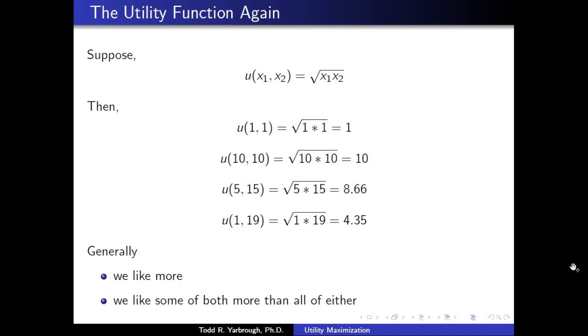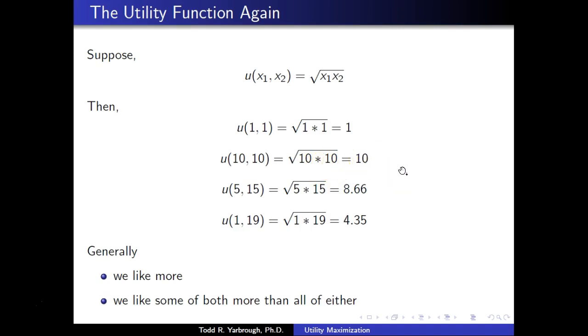And the actual idea here is just that utility functions with respect to particular bundles yield particular levels of utility. And we can see that depending upon what we consume, we're going to get a particular level of utility. These numbers themselves are not very important. Saying that a bundle of 10 x1 and 10 x2 yields you 10 units of utility doesn't really say anything.